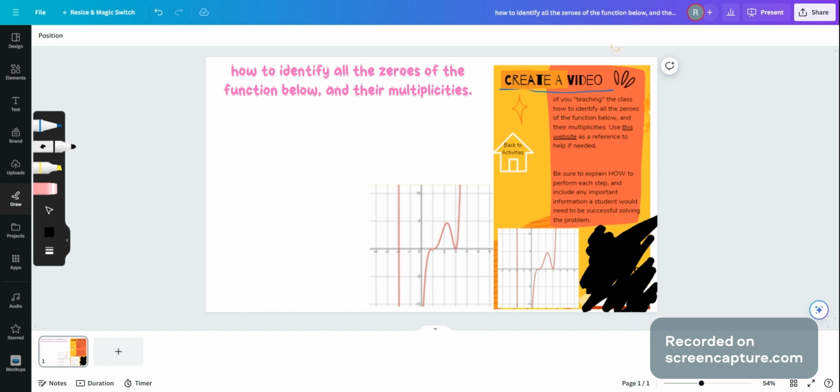And I really like Canva, so this is fine. Everything is fine. But anyways, we are being asked to identify all the zeros of the function below, this function right here that I perfectly plastered onto the screen, and their multiplicities.